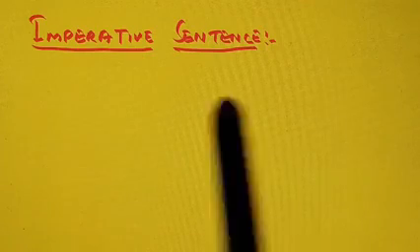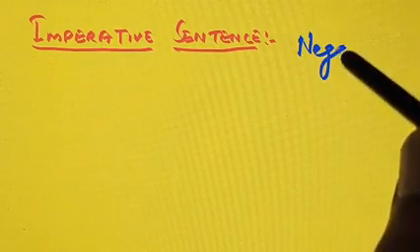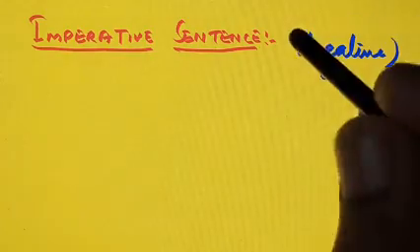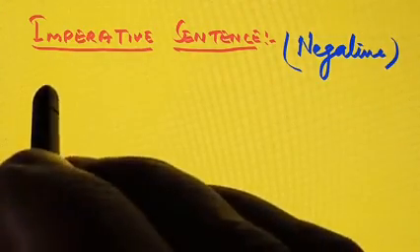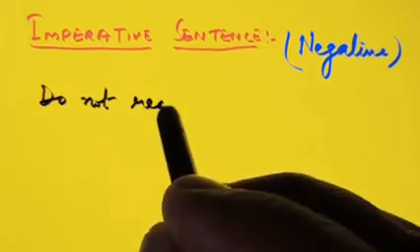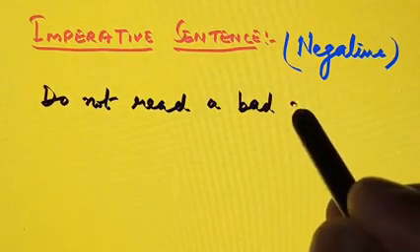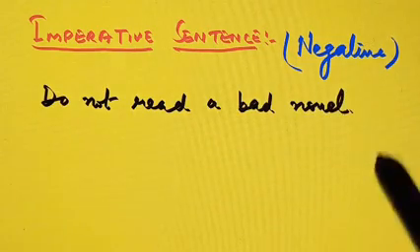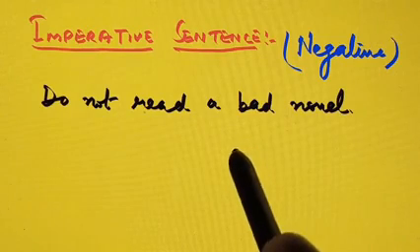However, if your imperative sentence is negative, then there is another rule. For example, do not read a bad novel. Now it's an imperative sentence, an order, but negative.